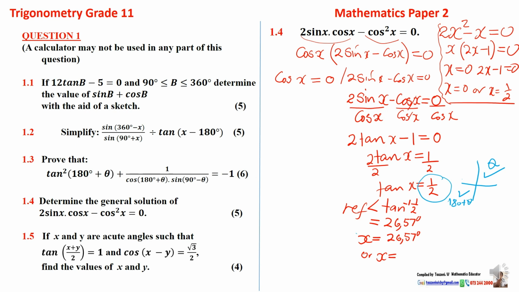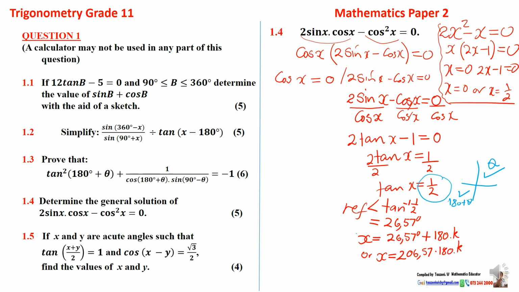It's 180 plus 26.57, with 26.57 in place of theta. That gives us 206.57. These are general solutions. For general solutions, for tan, we add 180 times k, and this one is also 180 times k.